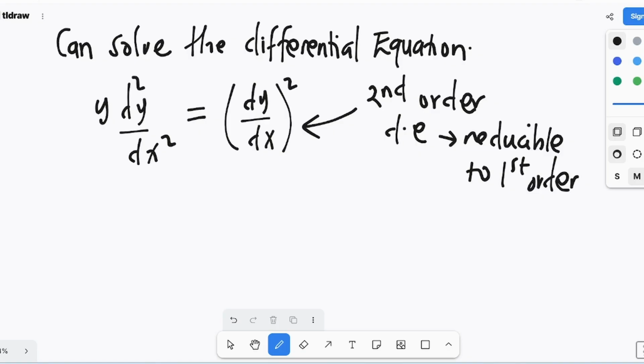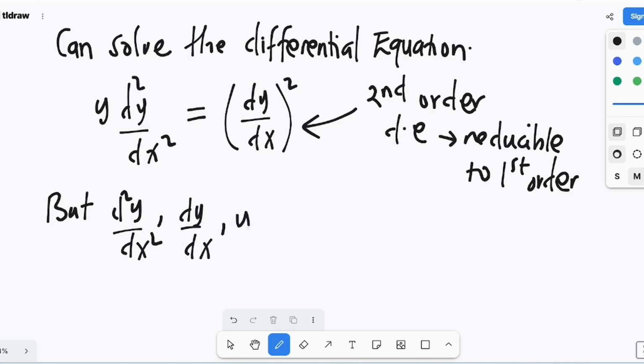Now, for such a method, if you have a second derivative with respect to x, and the same equation also has the first derivative and y, they reduce to p dp/dy, and dy/dx becomes p, and y remains.